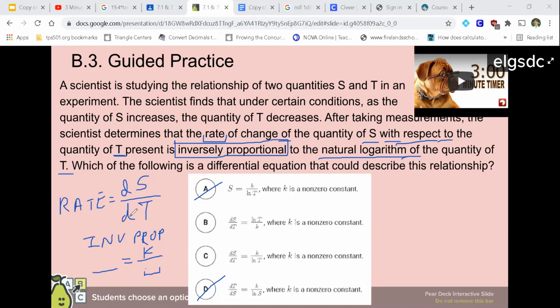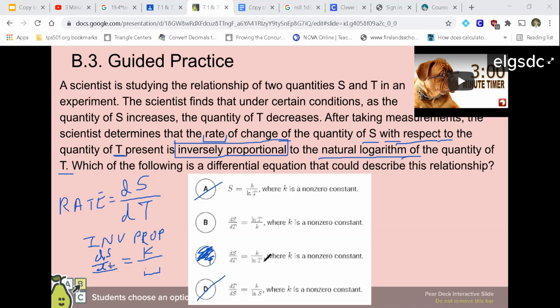Again, on the left side is our rate. The rate is inversely proportional to K over the natural log of T. Answer C.